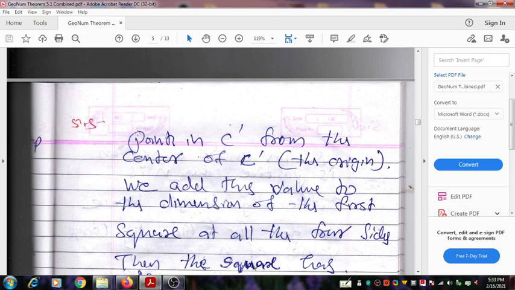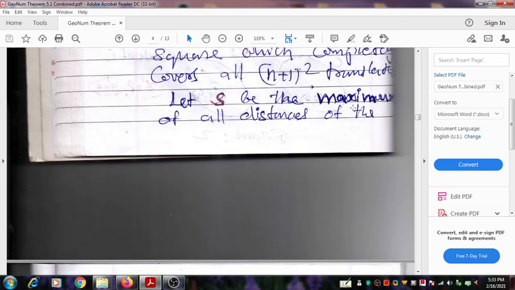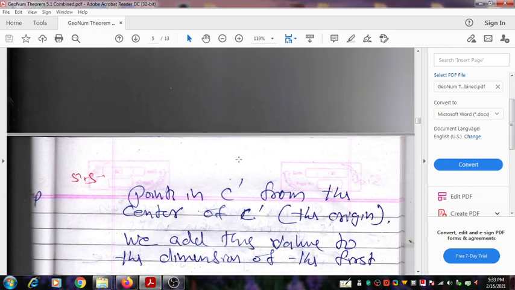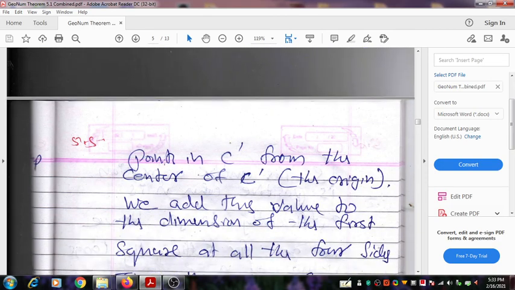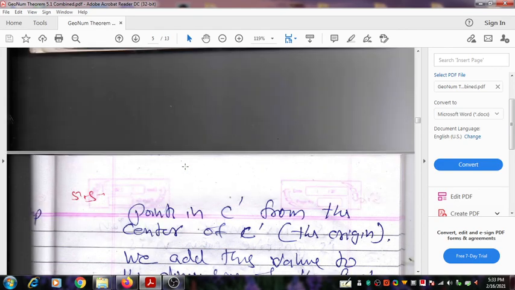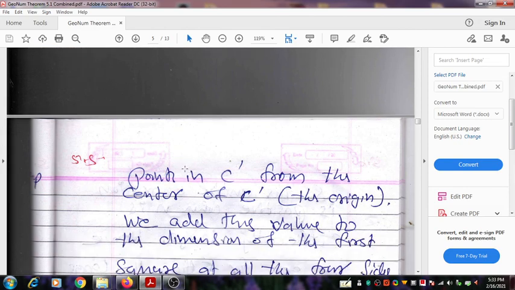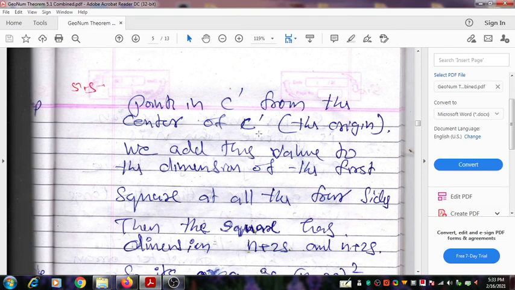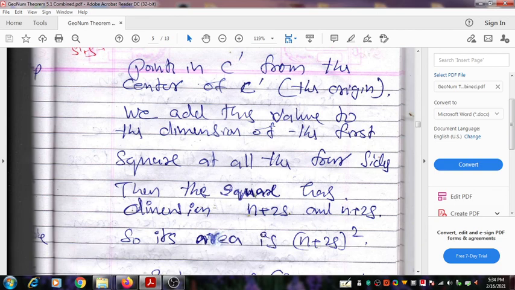That is a common fact about every set, so you can say it this way also, there is no mistake. So we consider all points in C prime and measure each one's distance from the center, which is the origin here, and we take the maximum of all those distances. That value is taken as S.